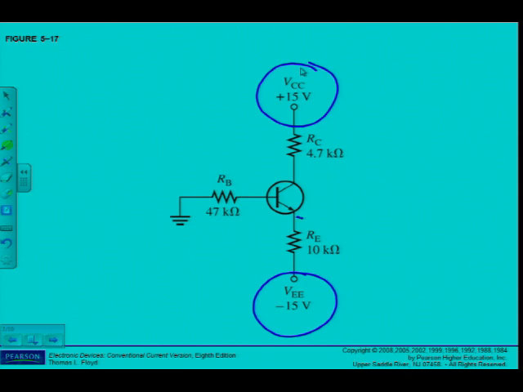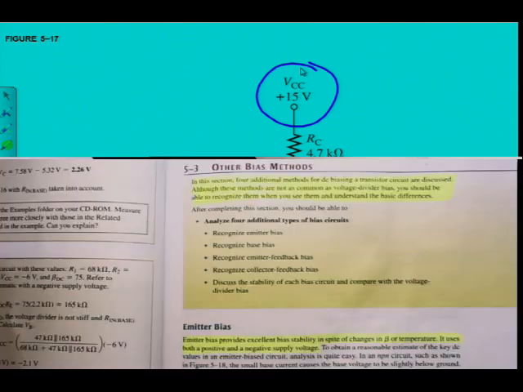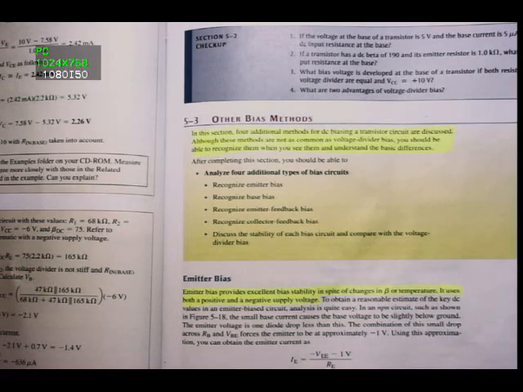So here at VE, I have minus 1 volt, approximately, that's an approximation. Using this approximation, you can obtain the emitter current as you can see there at the bottom of page 229: IE is equal to minus VEE minus 1 volt, divided by RE.